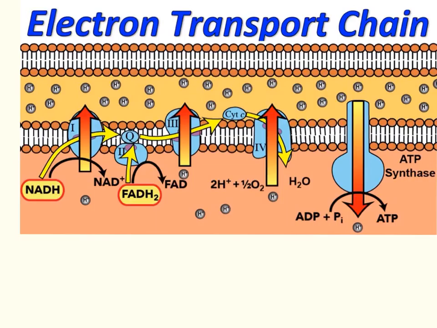The mobile electron carrier UQ carries the electrons from complex 1 to complex 3, also known as cytochrome BC. From there, the electrons are moved by mobile electron carrier cytochrome C from cytochrome BC, which is complex 3, to complex 4, which is cytochrome oxidase.